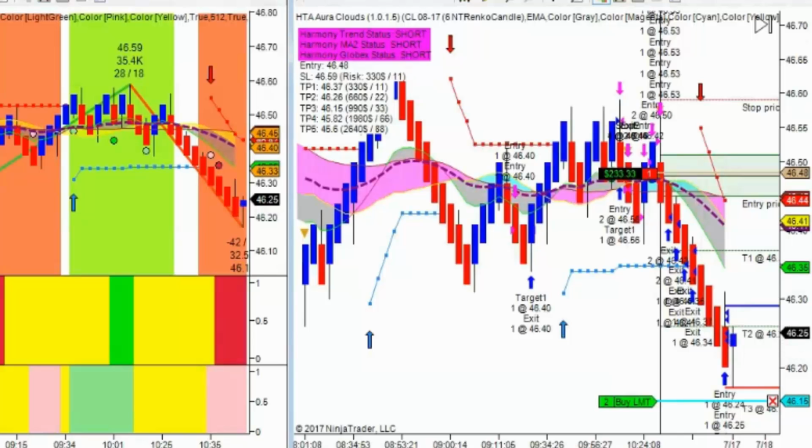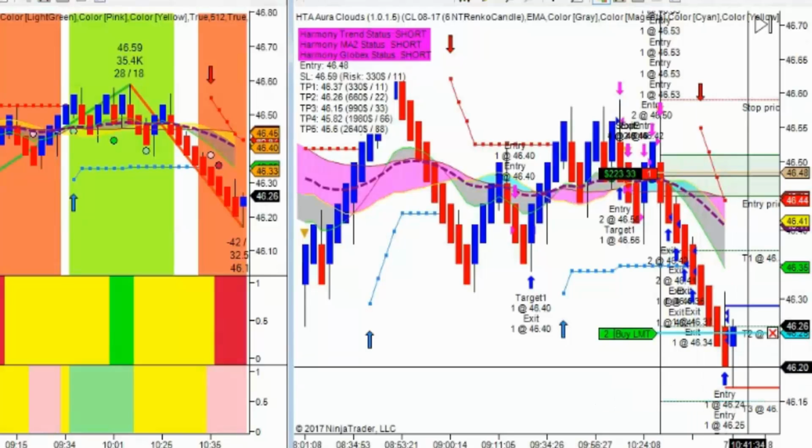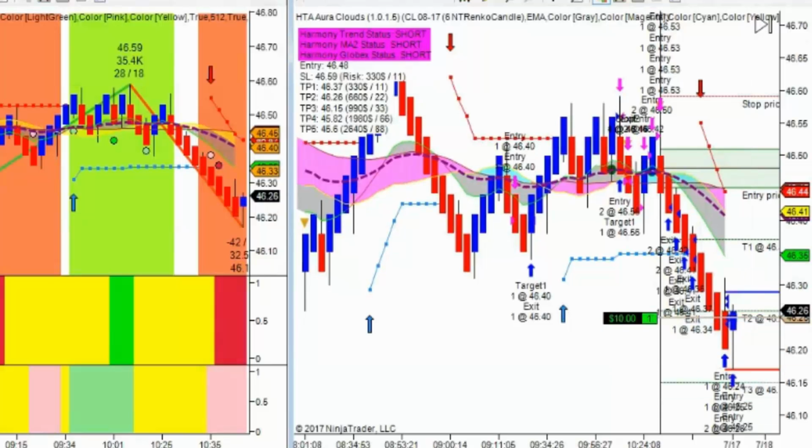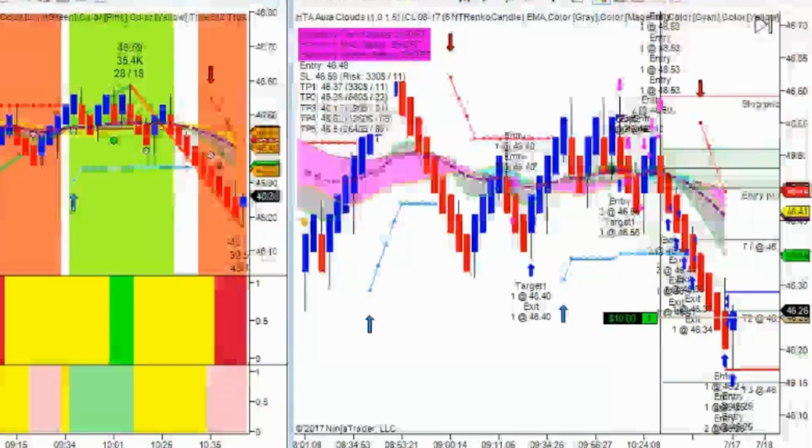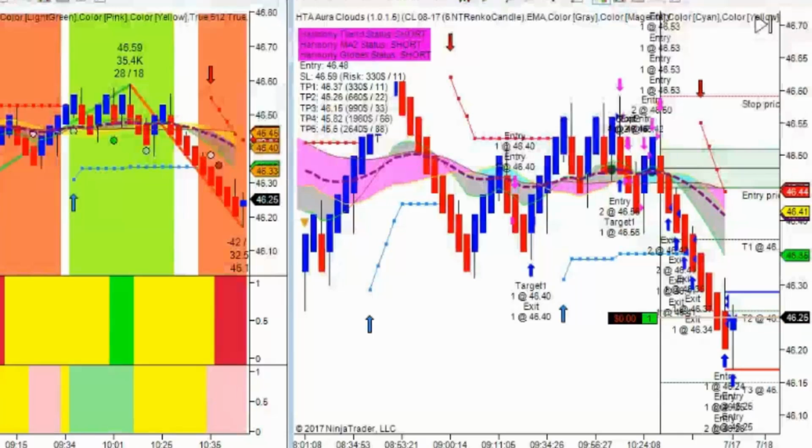Yeah, it's pausing here. Man, they missed that target by like 3 ticks. Yeah, I gotta get out of here. Oh, I think I overfilled. Yeah, let's get out of here. I think I overfilled on that order.